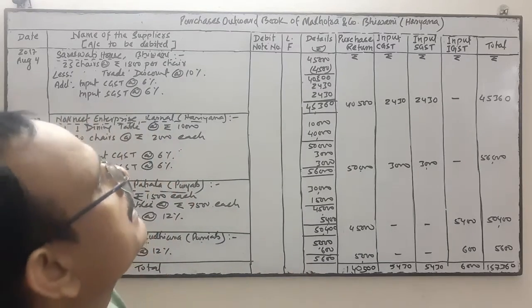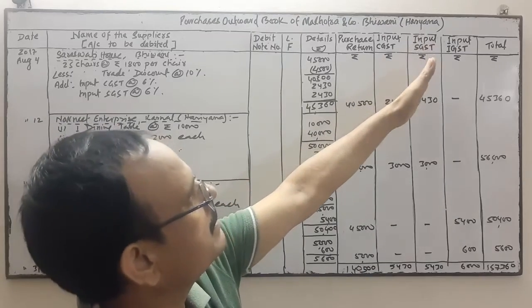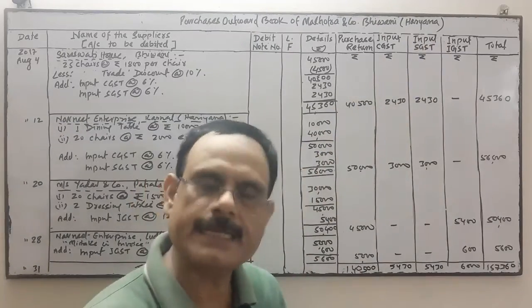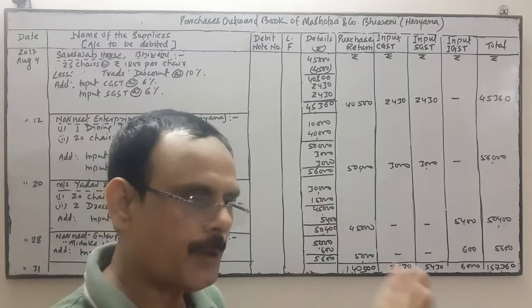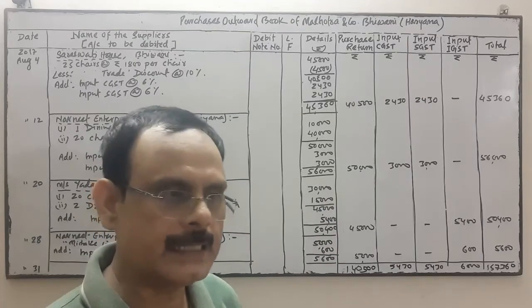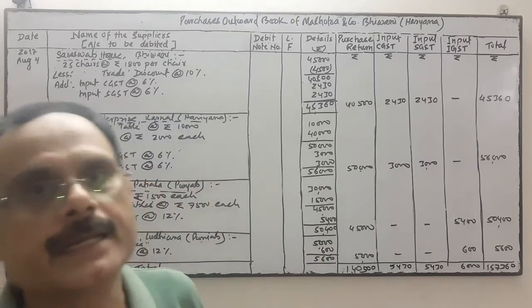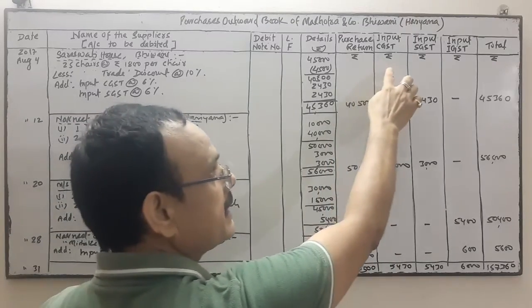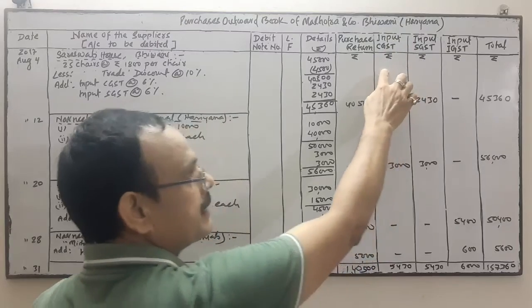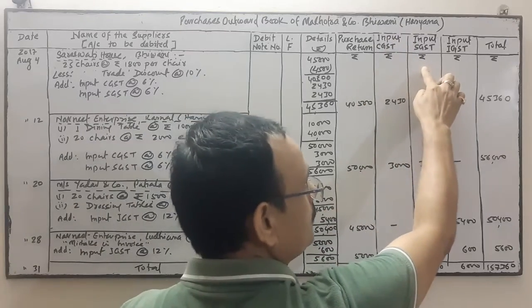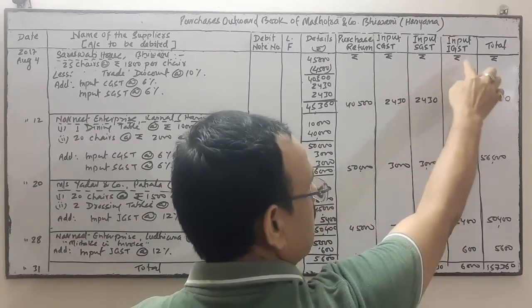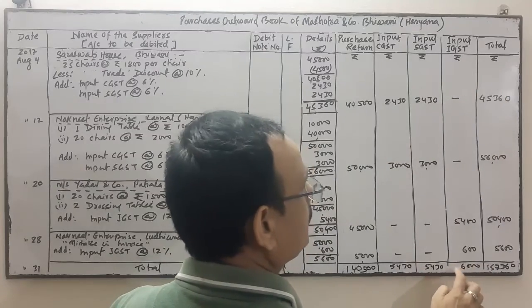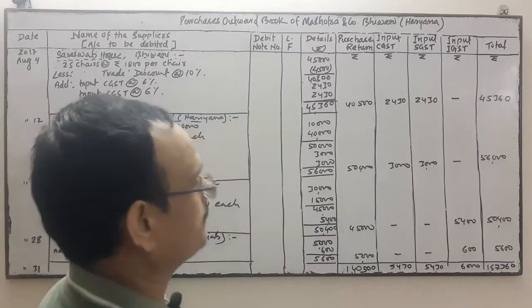Input CGST, input SGST or input IGST, at the time of purchase return, this account is credited. So this will be posted in the credit side of input CGST, SGST, and input IGST.